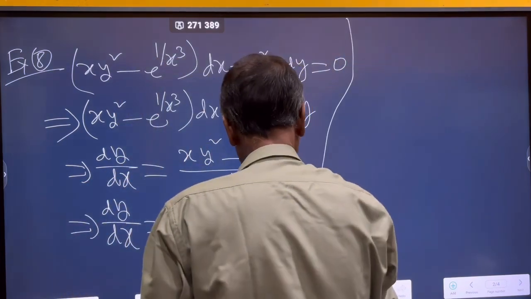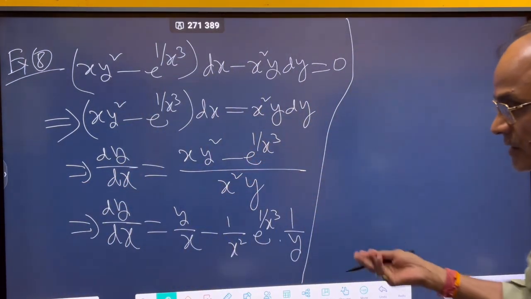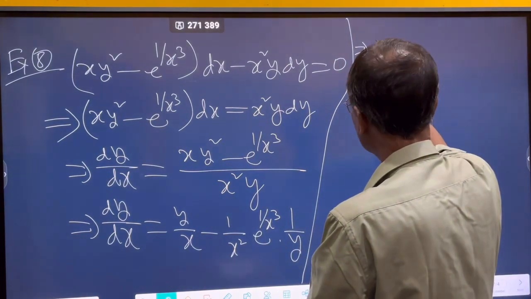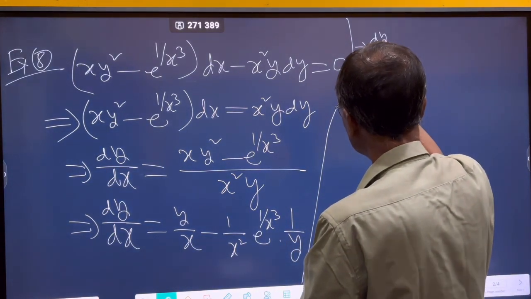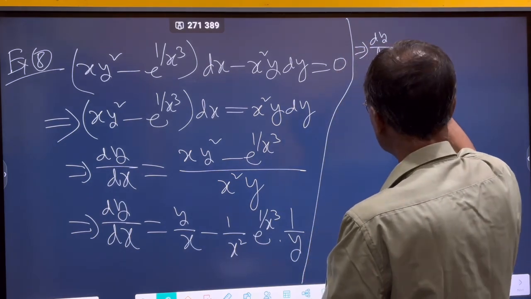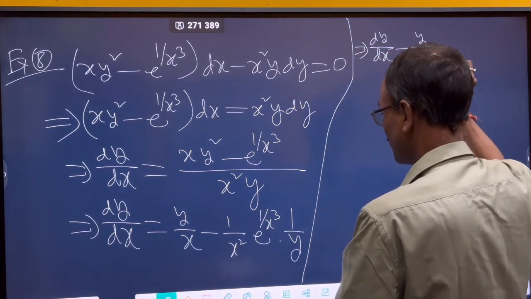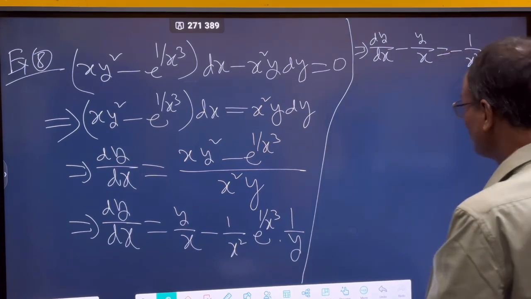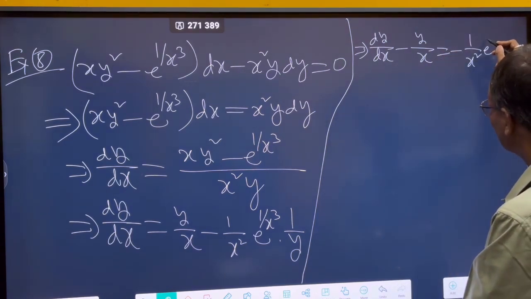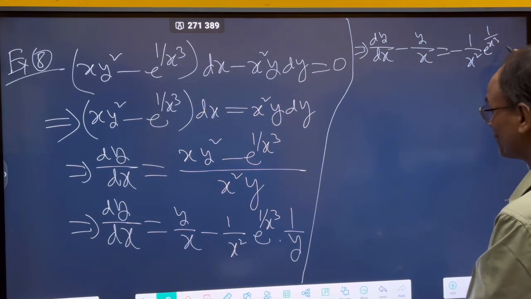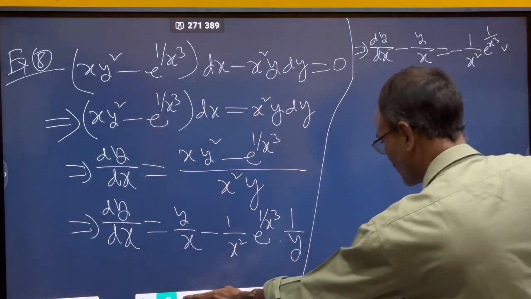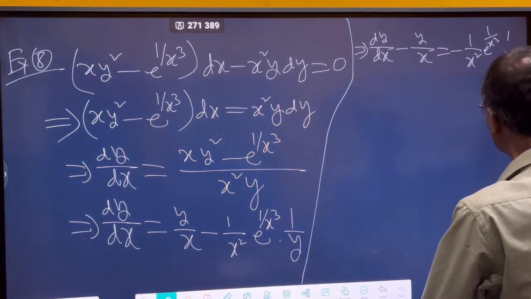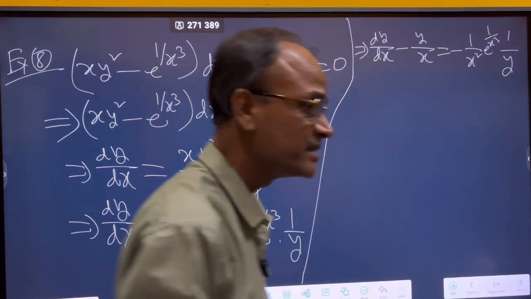Or dy by dx minus y by x equals minus 1 by x square e to the power 1 by x cube into 1 by y. This is a Bernoulli's differential equation.